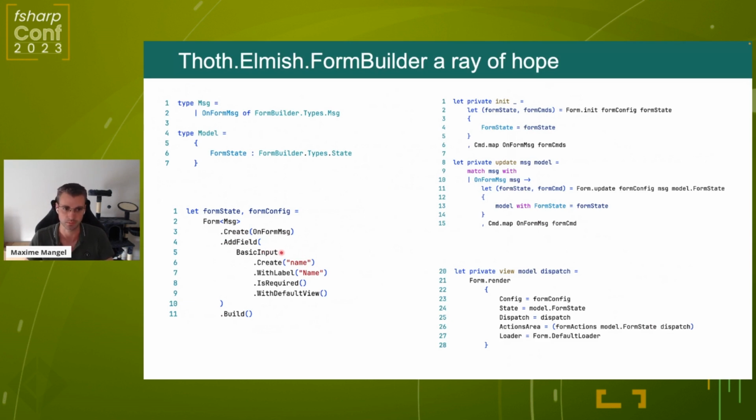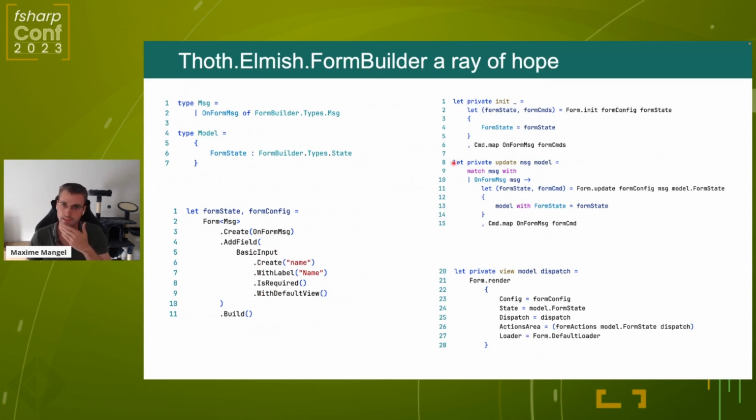Like here, we create a basic input with an ID name and a label name. We make this field required, and it uses a default view rendering system. If I have to add another field to this form, I can just do the same thing: addField and basicInput or select or basicSelect, and fulfill some contracts with the Fluent syntax.